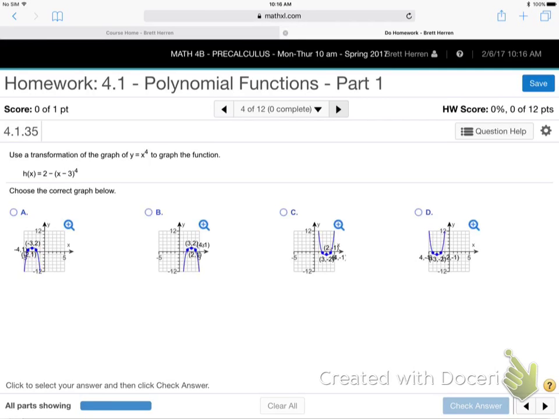All right, so try that one. So y equals 2 minus x minus 3 to the 4th. So same thing. Find the center point and one other point.